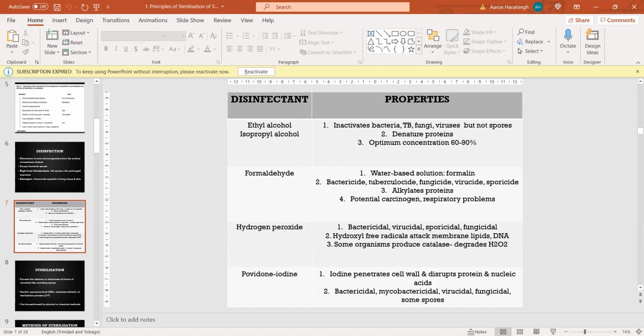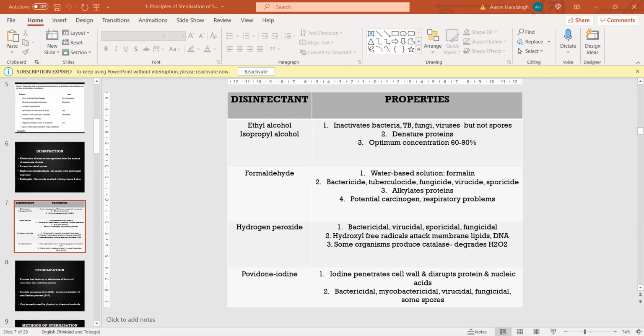Yeah, it is then placed into these packages before being placed into the autoclave, for example. So they're placed into the autoclave, and then it's set.